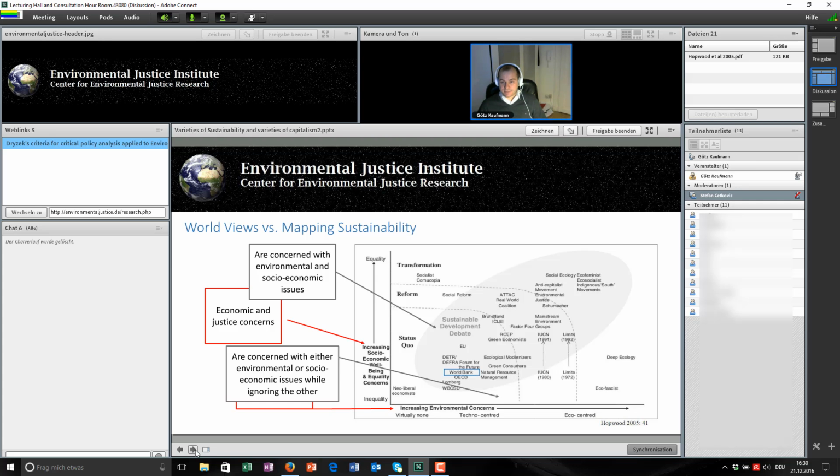So there is the first concept, which no one is really surprised by, the World Bank as an international organization, deeply rooted in what they call the status quo. So you see these pink lines which distinguish between status quo, reform, and transformation.